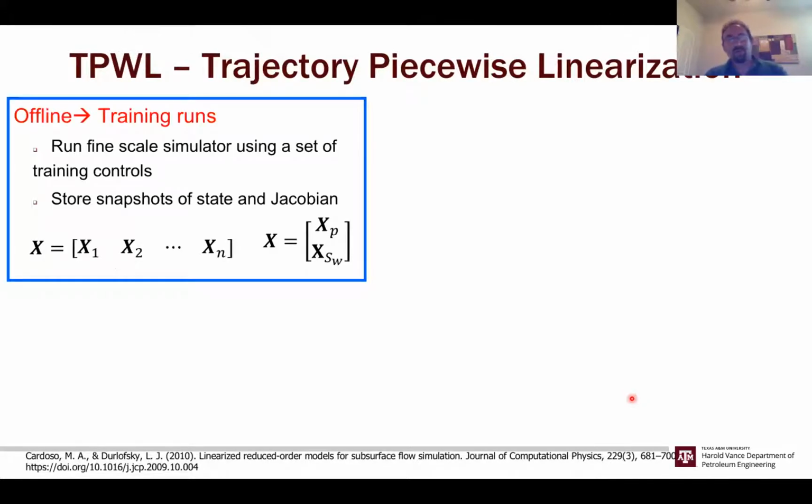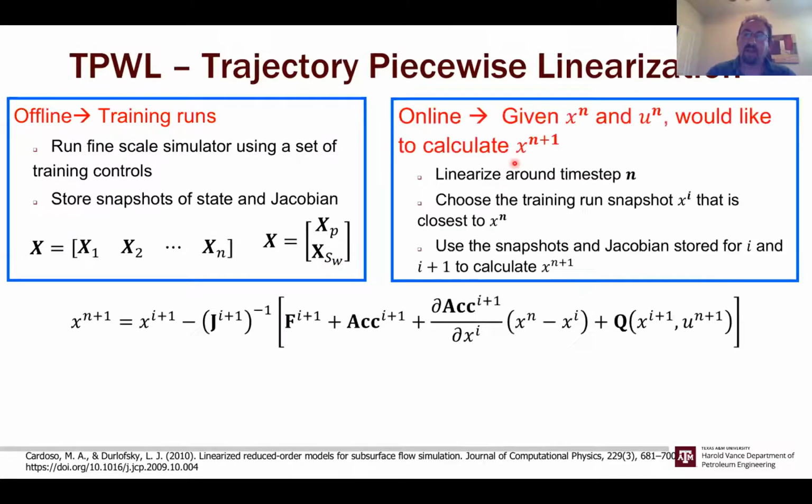Basically what we do is run at least one full-scale reservoir simulation, and we store the states, the pressures and saturations, offline, so a whole bunch of training in that sense. And then when we go and simulate the proxy model, we have the linearized system that I showed before. We just basically look it up.